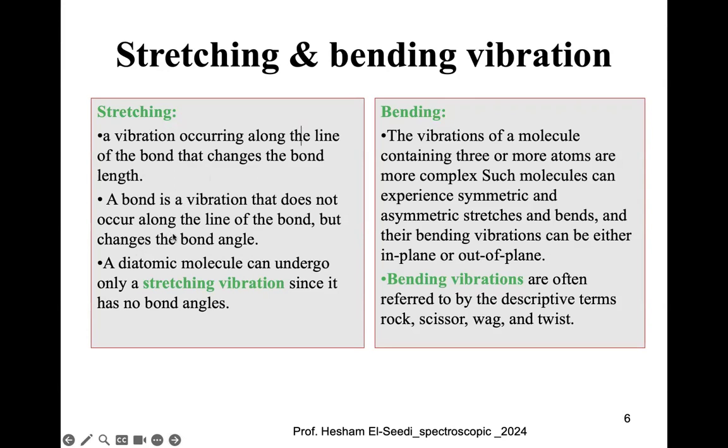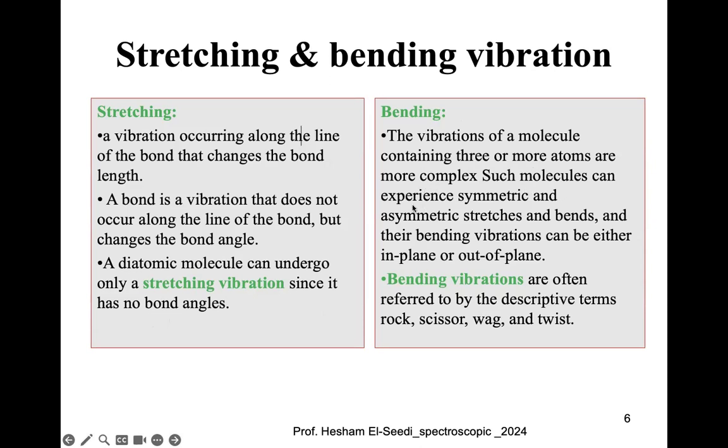Bending does not occur along the line of the bond, but it changes the bond angle. The diatomic molecule can undergo only stretching vibration since it has no bond angles. What about bending? If the molecule contains 3 or more atoms, it is more complex.